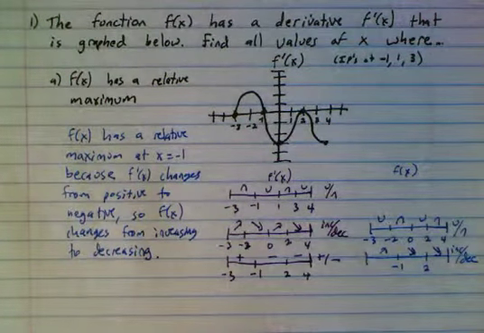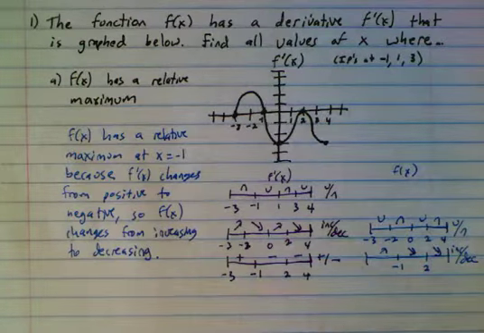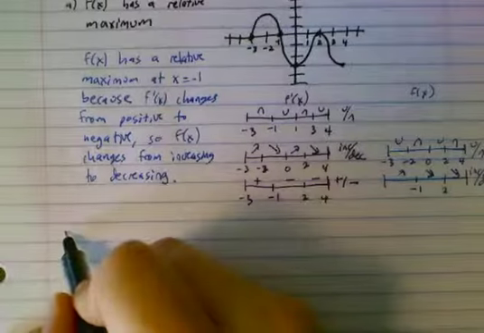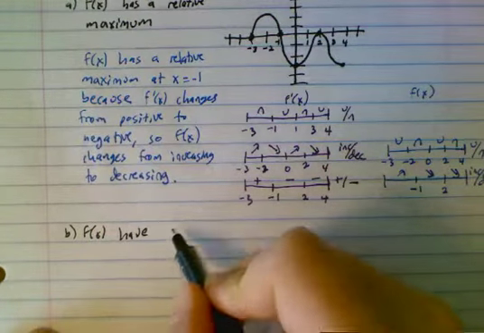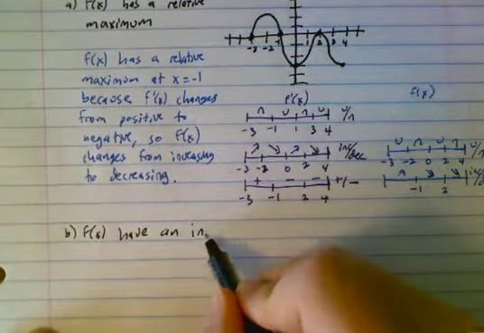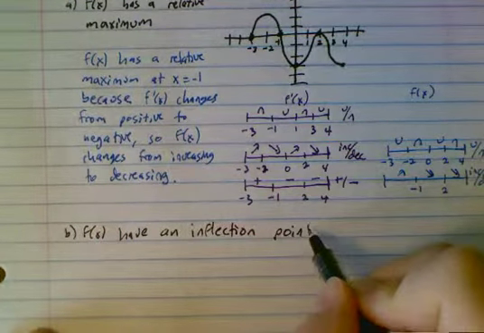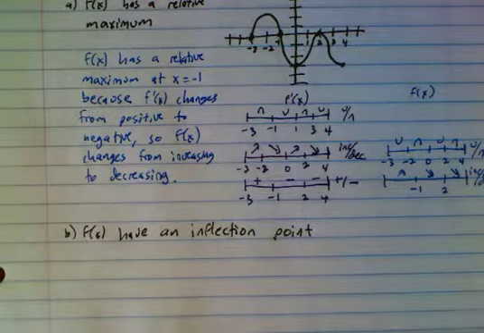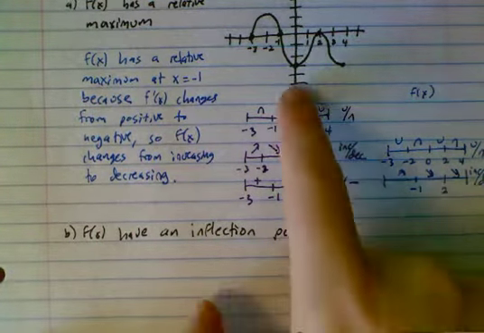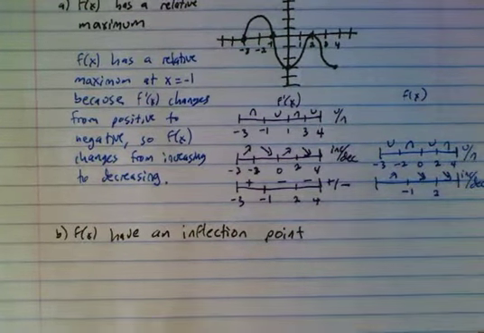Once we have these three-line charts, we can answer a variety of questions about f of x. So let's just say part B, where does f of x have an inflection point? And we're really just doing the same thing that we were doing. We've translated from f prime of x to f of x. Where is there an inflection point for f of x?